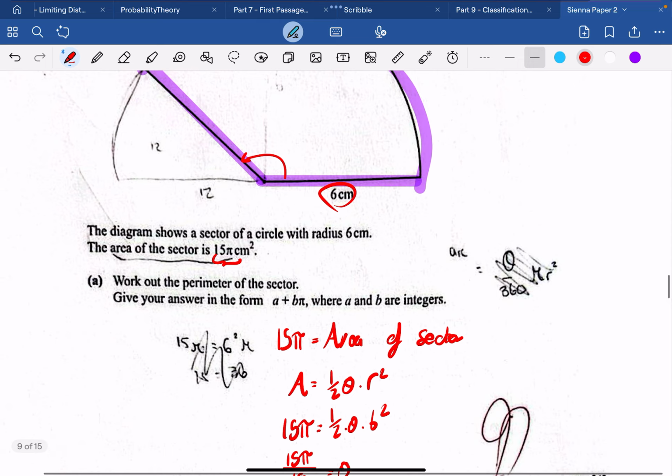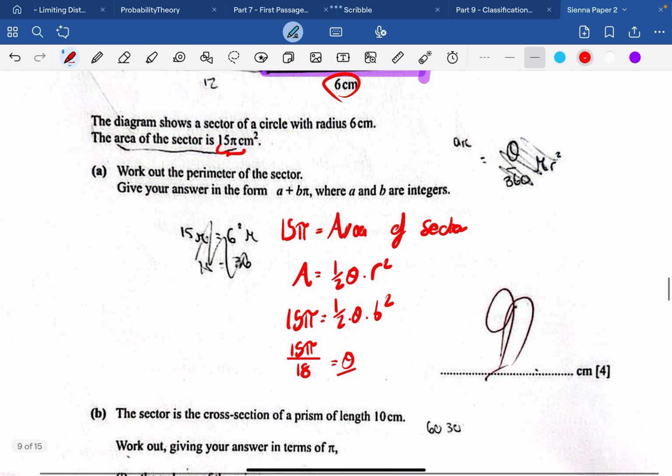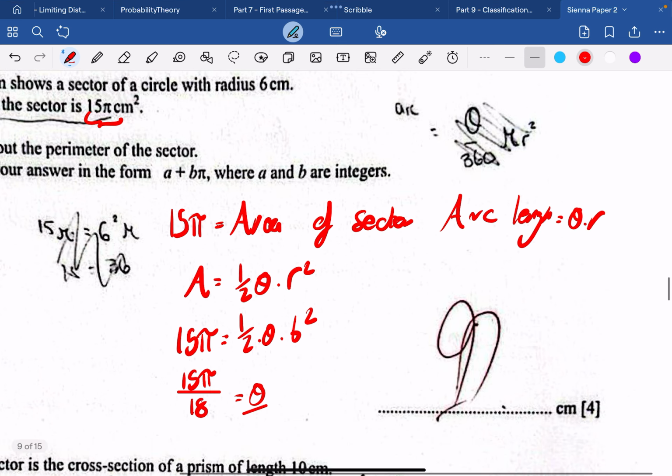Now, we're nearly done. To work out this length here, that's the arc length, isn't it? The formula for arc length is just equal to theta times r.